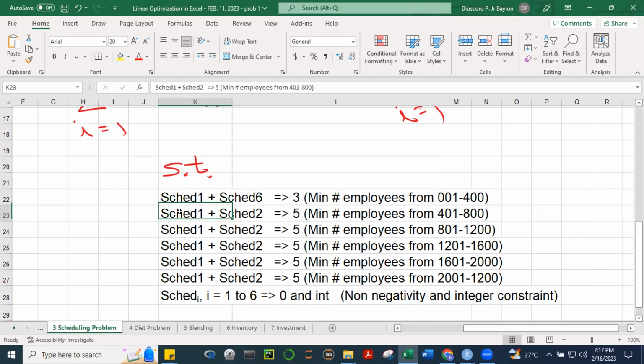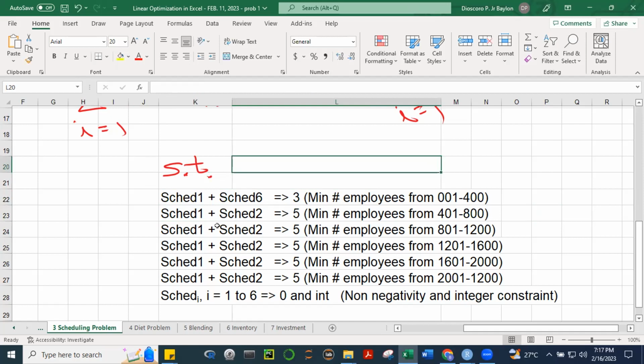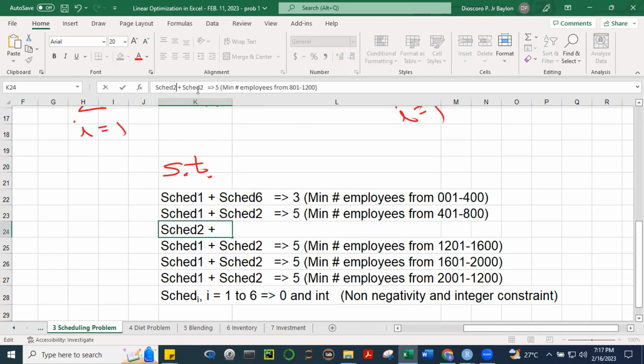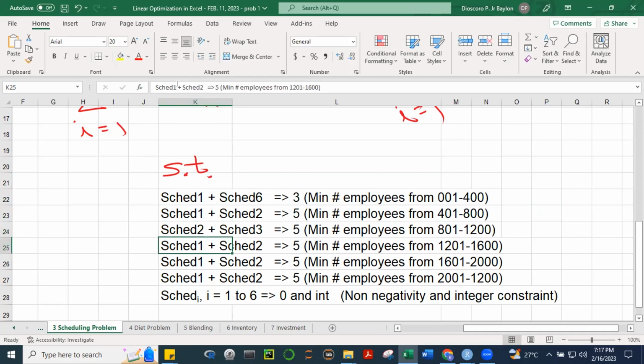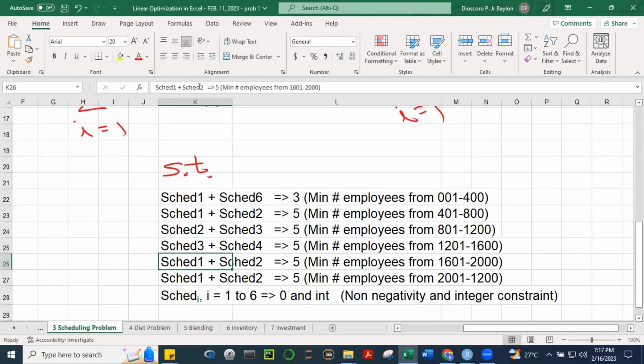Schedule 1 plus 6, and this should be schedule, please correct me if I'm wrong, is this 1 plus 6 and then 1 plus 2, and then this should be 2 and 3. So let me just correct this. This should be schedules 3 and 4. Kindly correct me, class, if I'm wrong.